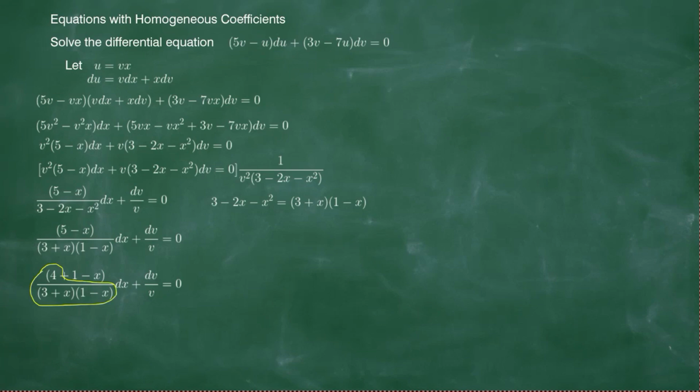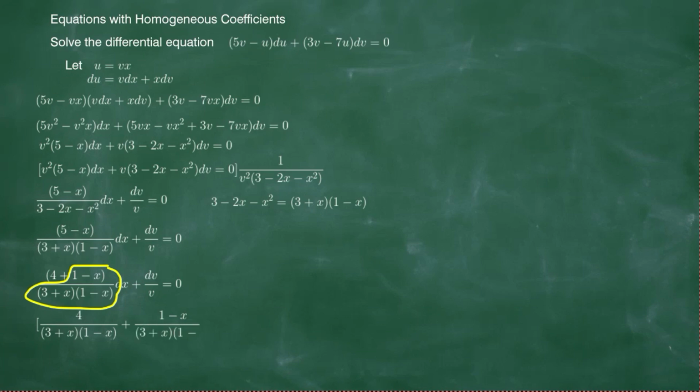This we do so that we can group this. Okay, this one will be 4 over (3 + x)(1 - x), and then this one will be plus (1 - x) over (3 + x)(1 - x) dx, and plus dv over v equals 0.